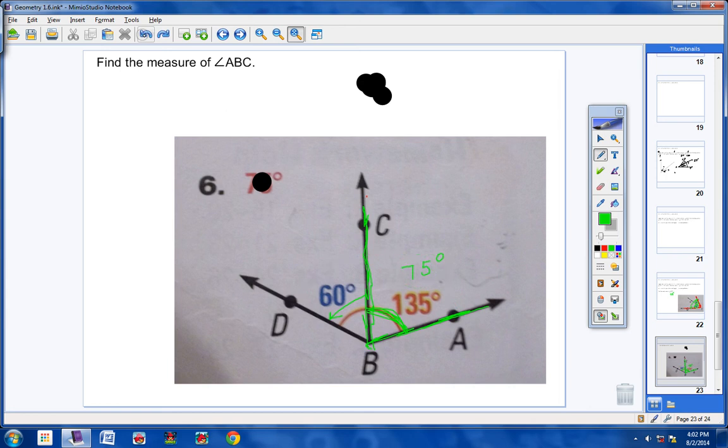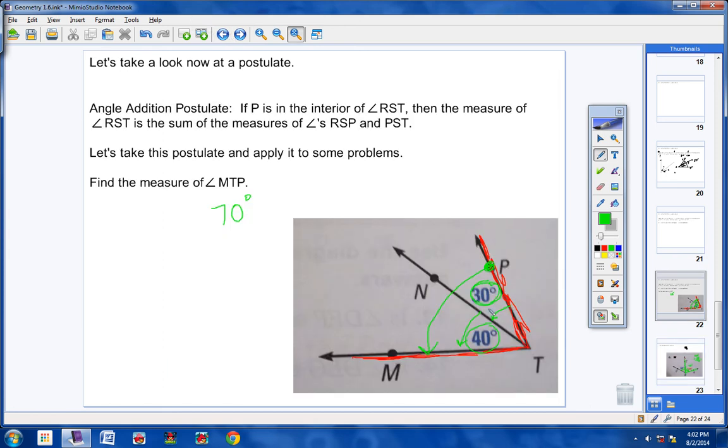Another way to do that is simply take the bigger angle, which is 135 degrees, and subtract from it 60. And if you do that, either using your head or using a calculator, either way is fine, you will get 75 degrees.